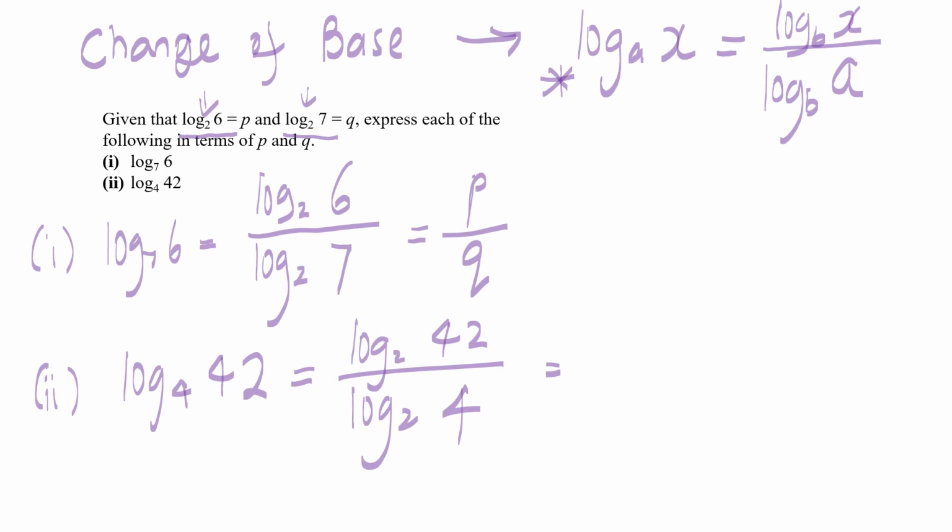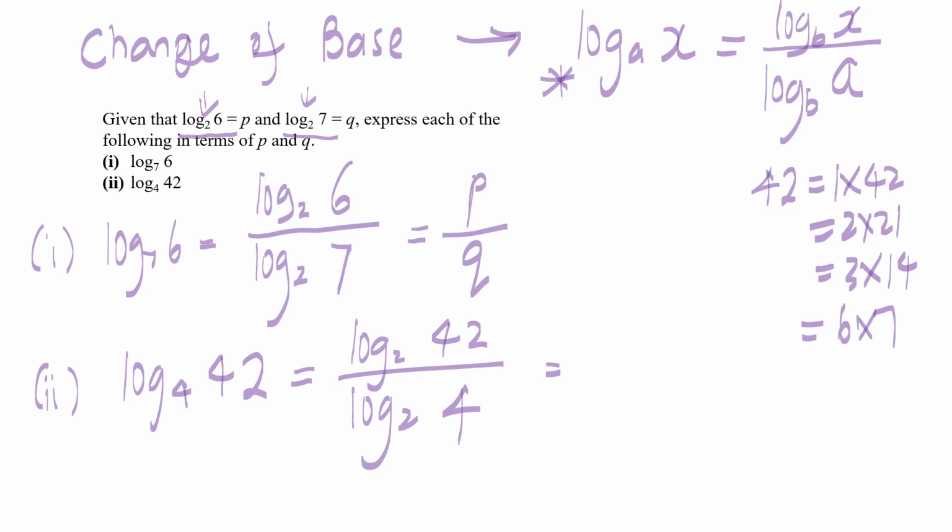You can break 42 into its factors. 1 times 42, 2 times 21, 3 times 14, 6 times 7. So which one would you use? Of course, you use 6 times 7, isn't it? Because these are the ones given in the question. So 42, you can simplify it into 6 times 7.